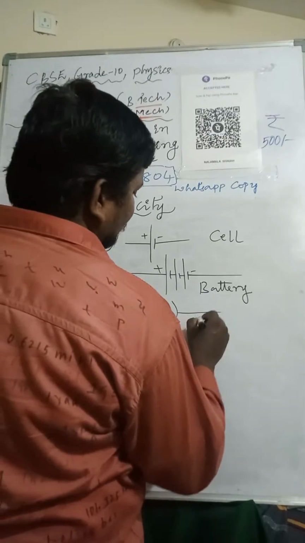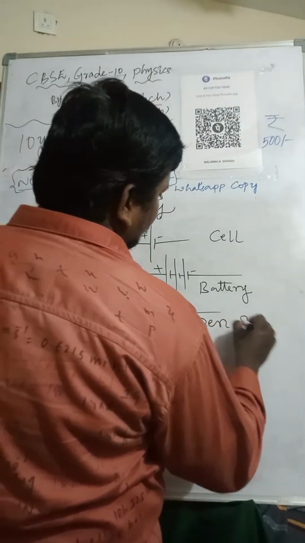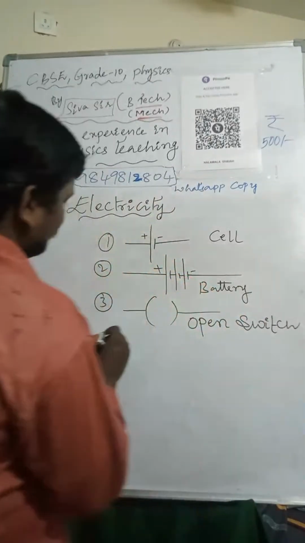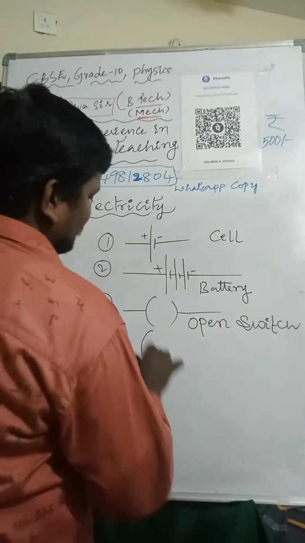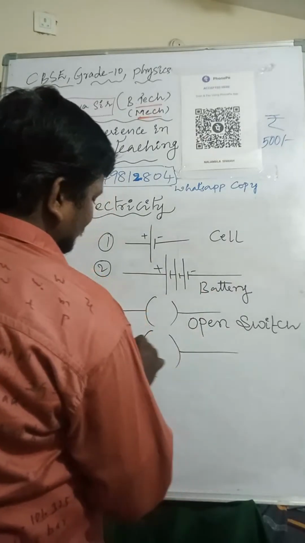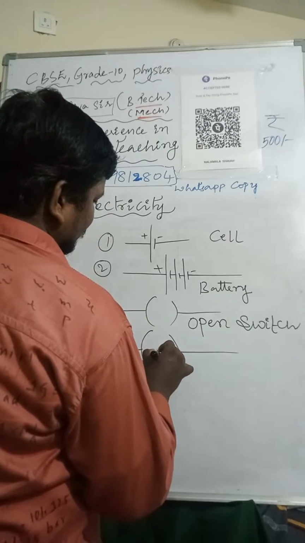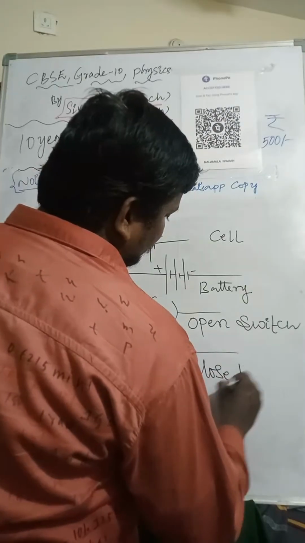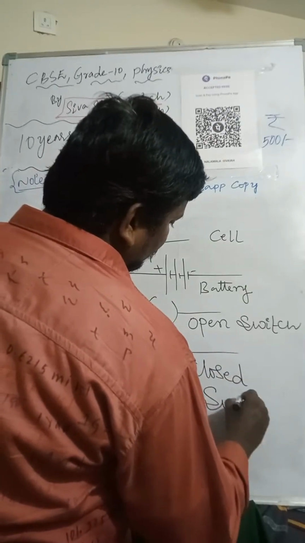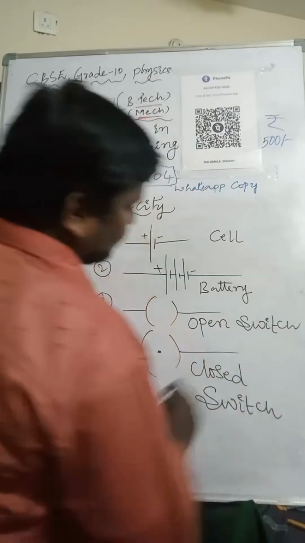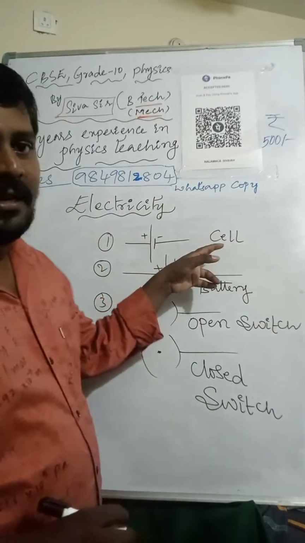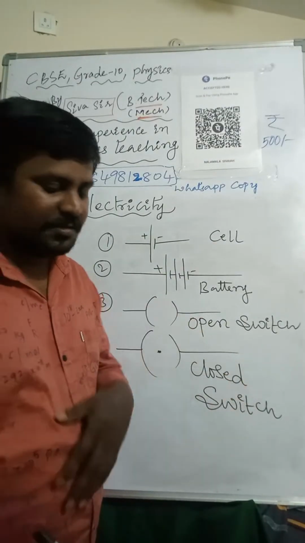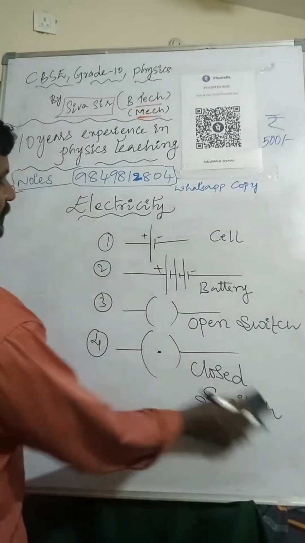And the fourth one, closed switch. Okay, so this is the cell, battery, open switch and closed switch. Clear? Next one.